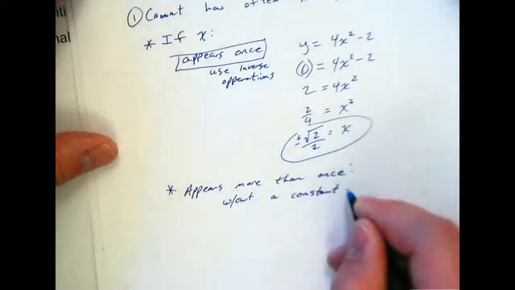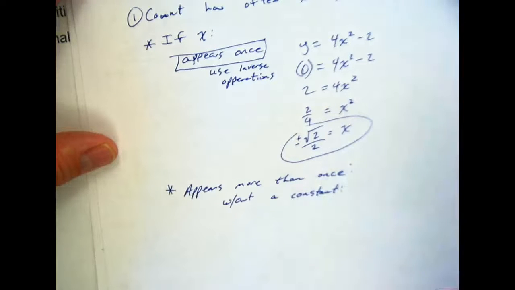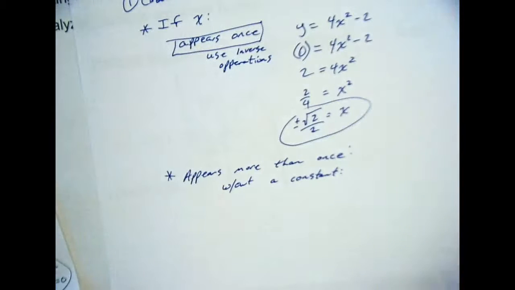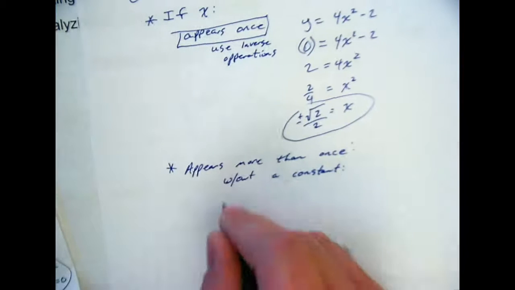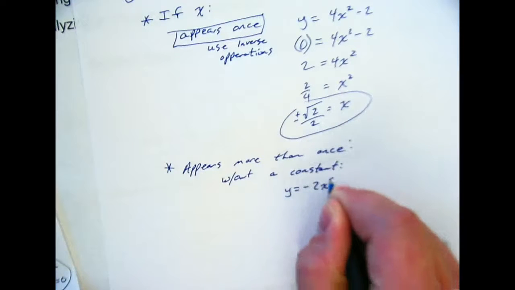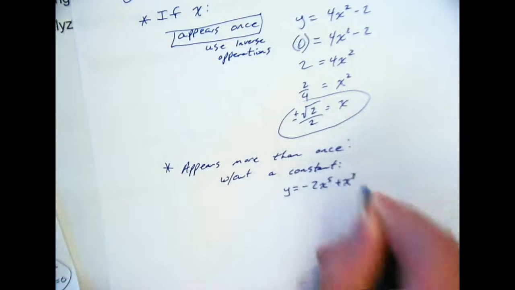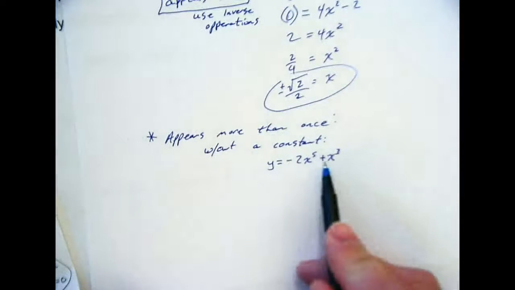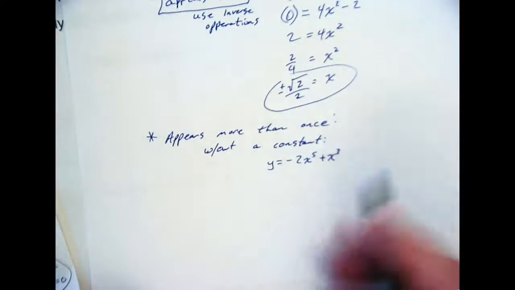So without a constant. Okay, so for instance, let's pick one off our assignment. You'd have, like, number 20 or number 13 off your assignment. So y equals negative 2x to the 5th plus x cubed. Okay, you have this. You don't have another plus 5 or anything at the end.